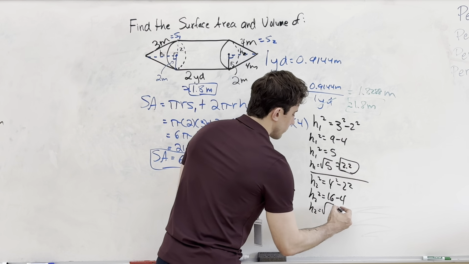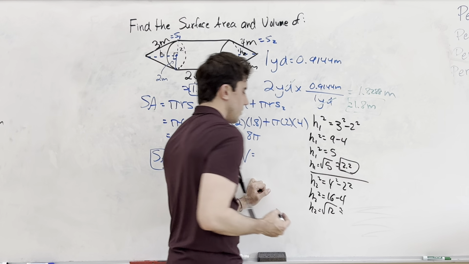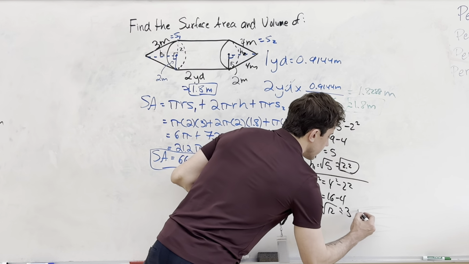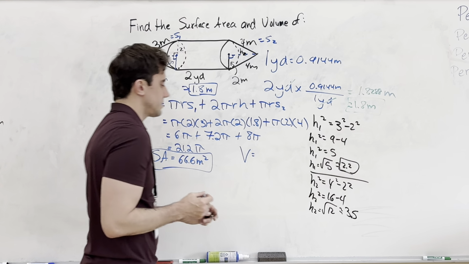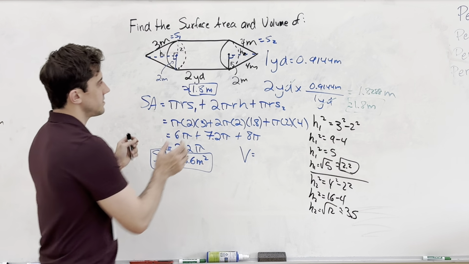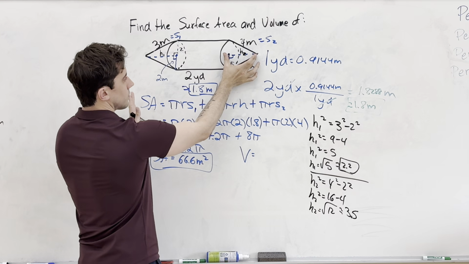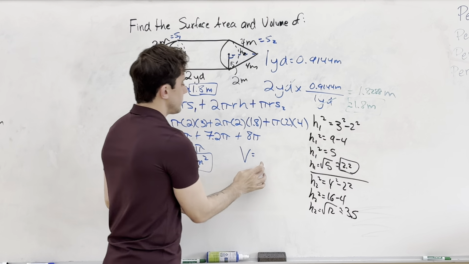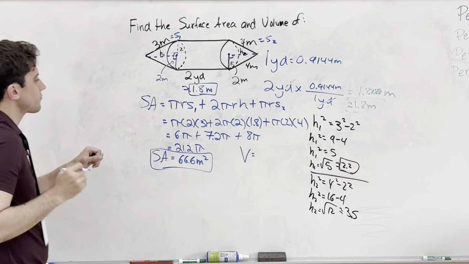H2 is equal to the square root of 12, which is roughly 3.5. And so that will be our second cone's height in this case, since it's sideways, horizontal height, if that makes any sense. And now we're going to use these values to compute the volume.